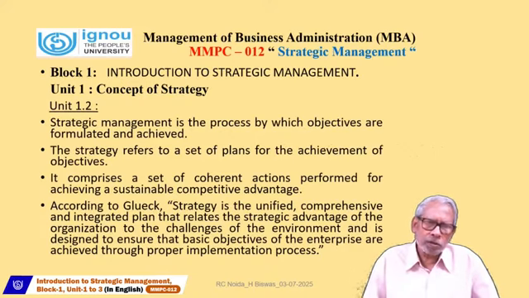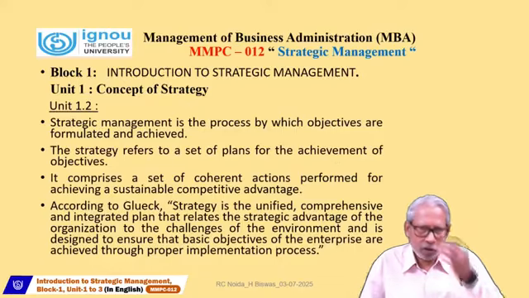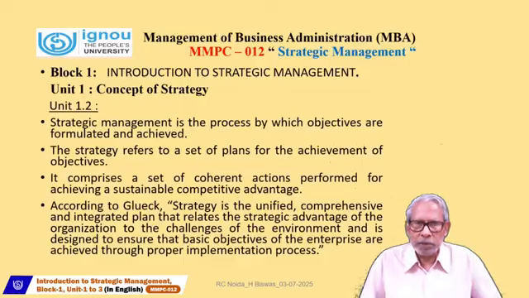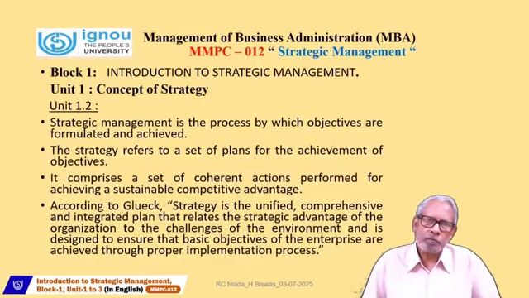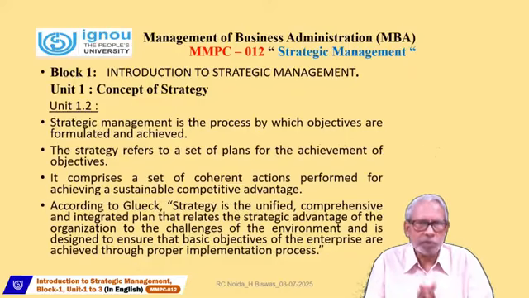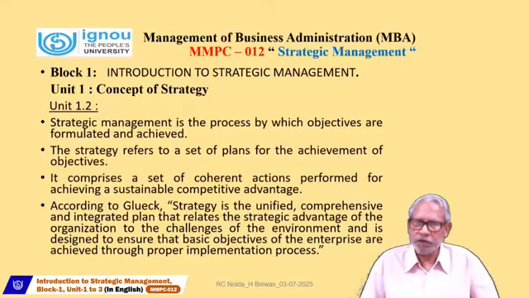So here some of the terms have come: unified, comprehensive, integrated. Basically all are managerial terms, because I will give you one of the examples subsequently. I will refer to some company and explain to give more clarification.